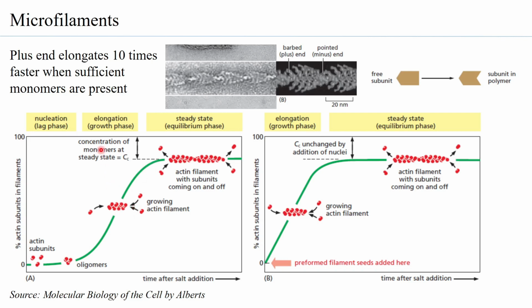Once the concentration of monomers is equivalent to the concentration of the F-actin, so when G-actin and F-actin are more or less in the same concentration, so they are basically at a steady state equilibrium, you will find that at both ends of the actin filament, you have addition as well as removal of the actin happening. So this happens at both the ends.